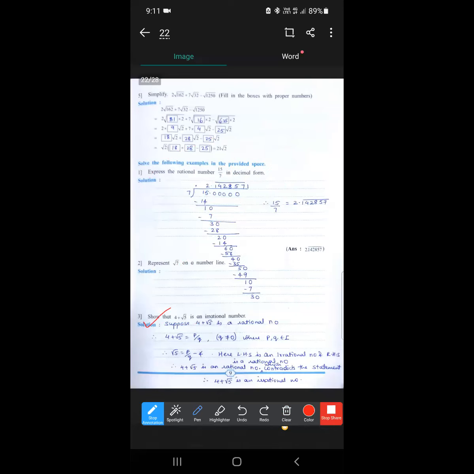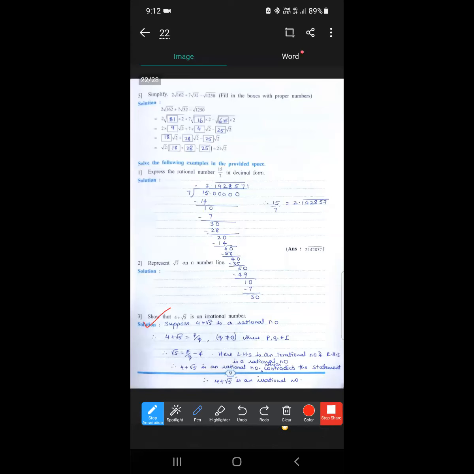If you want to prove anything, you start with the contradiction method. Here I want to prove that this particular number is an irrational number. So I will take the contradiction, which means the opposite, that it is a rational number.